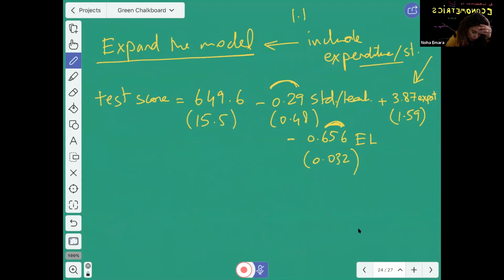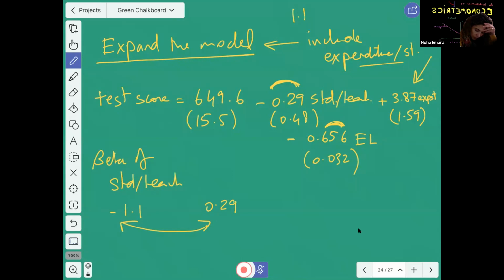So whenever I add an additional regressor to the model, I need to check what happened to previously included regressors. In terms of magnitude, the beta of student-teacher ratio used to be negative 1.1. Now it's 0.29. See, there is a big drop, right?